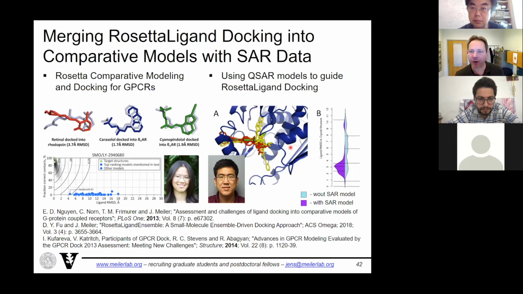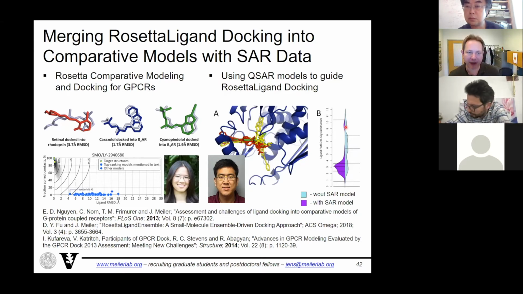And with this approach, we can basically reduce the false positives. So this plot is very small, but on the y-axis here is quality of the model. 0 RMSD would be perfect. We usually want to be below 2 angstrom or so for ligand docking to be happy. And then the cyan on the right-hand side, that's the distribution of models if I don't use the structure-activity relation, if I dock each molecule individually.